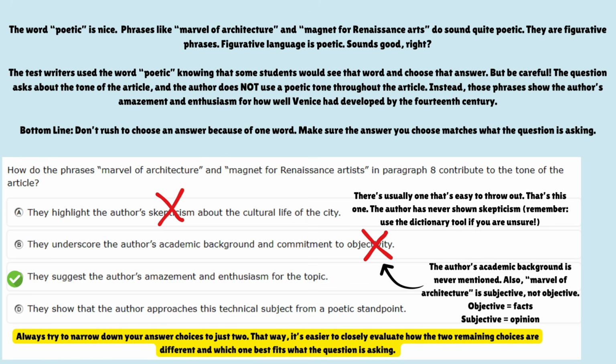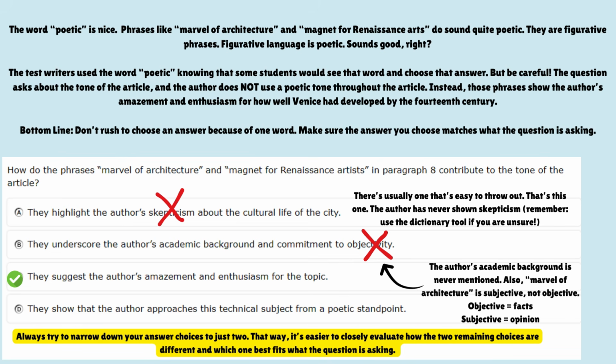B, they underscore the author's academic background and commitment to objectivity. Okay, again, if we don't know what objectivity means, use the dictionary tool. Objectivity basically means facts. Subjective would mean an opinion. So the author's academic background is never mentioned, so there's no text evidence to support it.